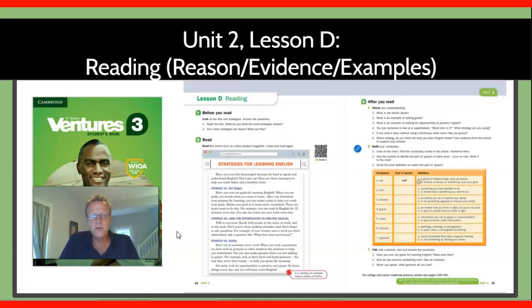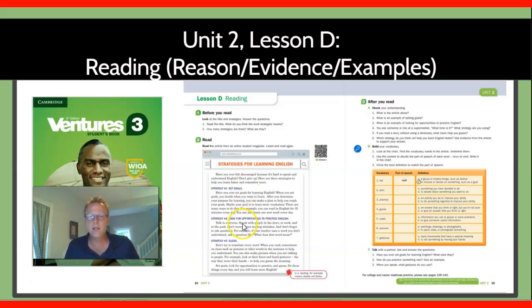Today I want to do a video review of Lesson D, which was all about reading. If you remember on page 24, we read an article about strategies for learning English.